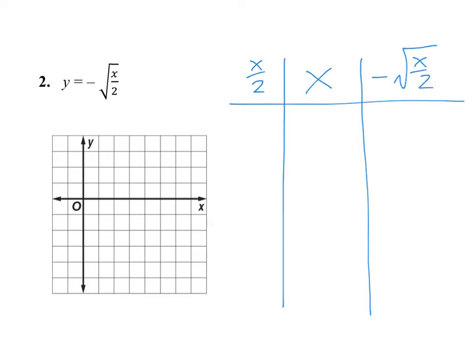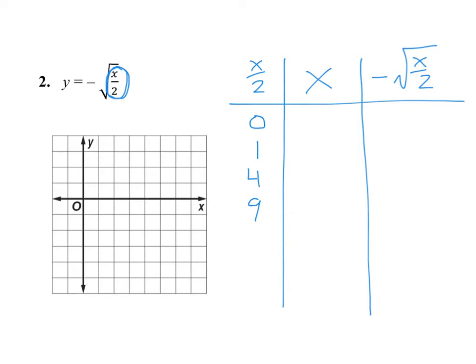So we want the thing under the radical to be a perfect square, so we don't need a calculator. So we want x over 2 to equal a nice number like 0, 1, 4, or 9. And then now we figure out what values of x would make that.